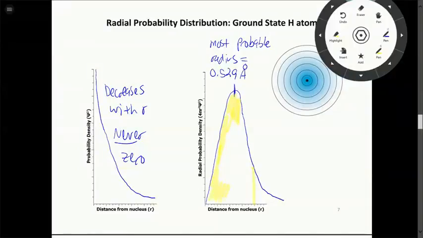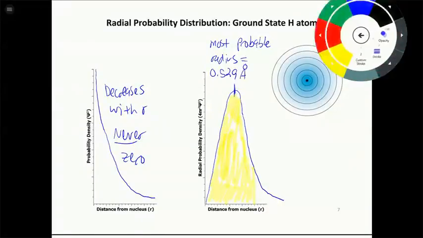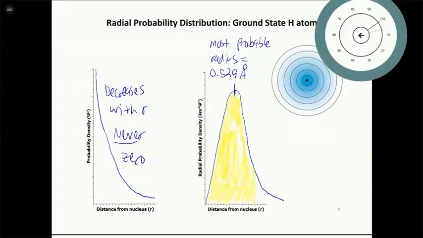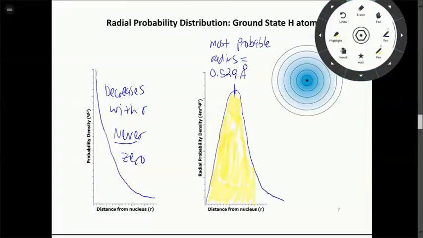There's nowhere where the probability is exactly zero in the case of a hydrogen ground state. But what we're really interested in is where the electron is most of the time. So we'll define some region of space, this area under the curve here, that accounts for 90% of the total probability. And that's typically how we define our orbitals here. So this is what we call the 90% probability region.